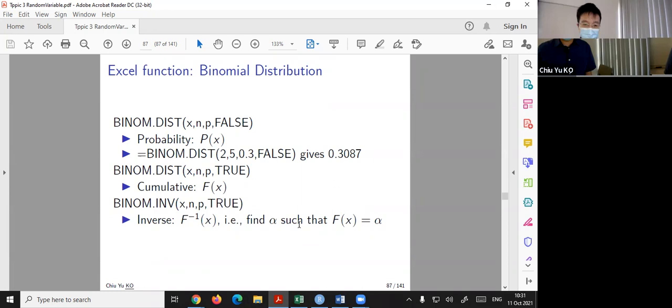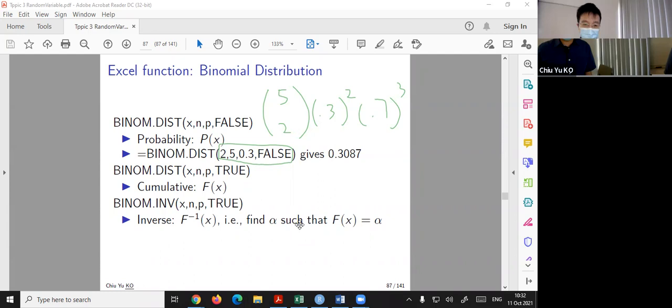For this case, the first one is exactly the probability, so it will be 5C2 times 0.3 raised to the power 2 and 0.7 raised to the power 3. This is exactly what it will give you, because binomial is nCx p to the power x and (1 minus p) to the power n minus x. So for binomial, you can use this to calculate directly.